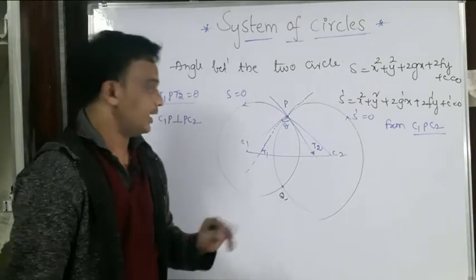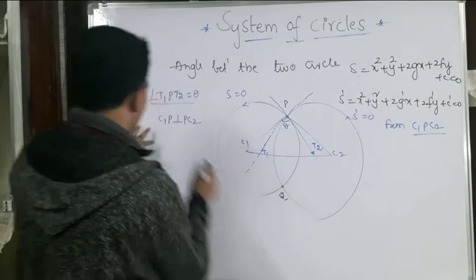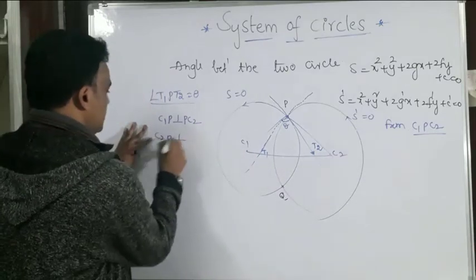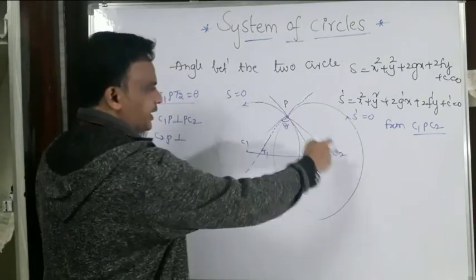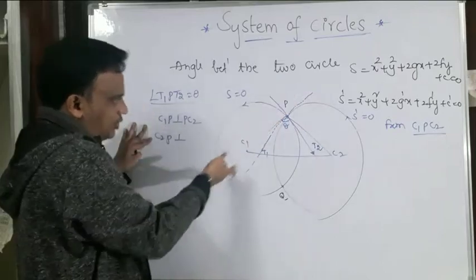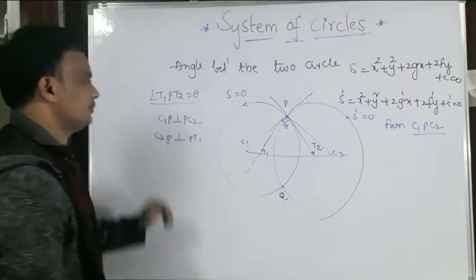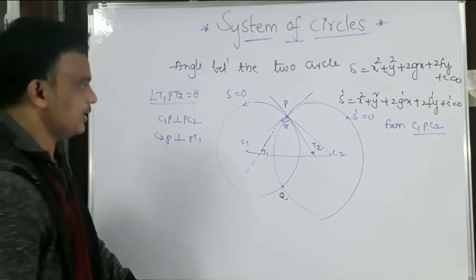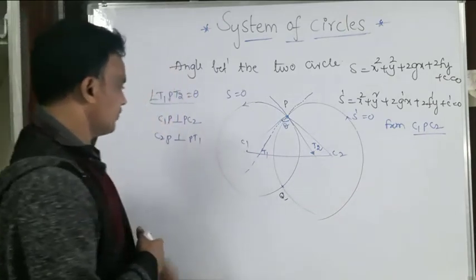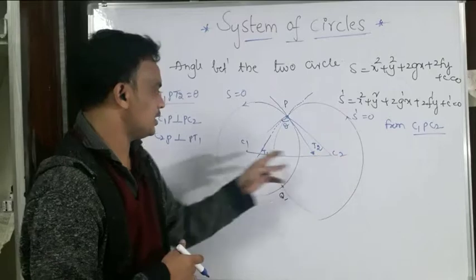Am I right or not? At the same time, C2P is the radius of the second circle, which is perpendicular to the tangent PT1. Right or not?